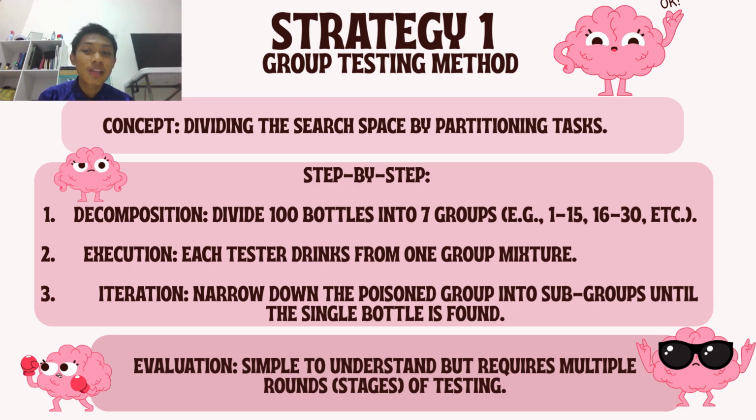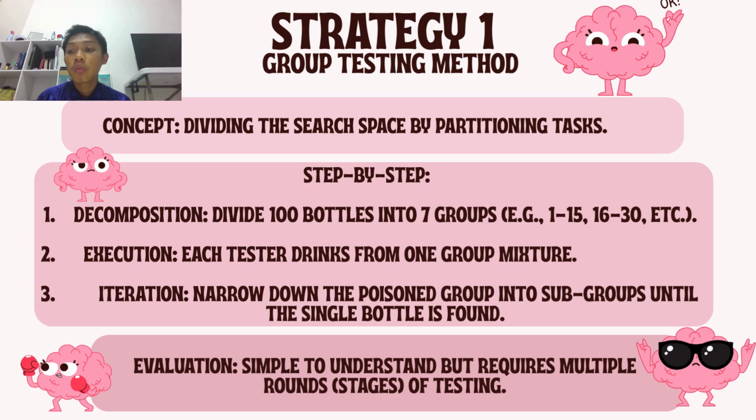The first group ranges from 1 to 15, the second group has bottles 16 to 30, and so on until the 7th tester has bottles 91 until 100.